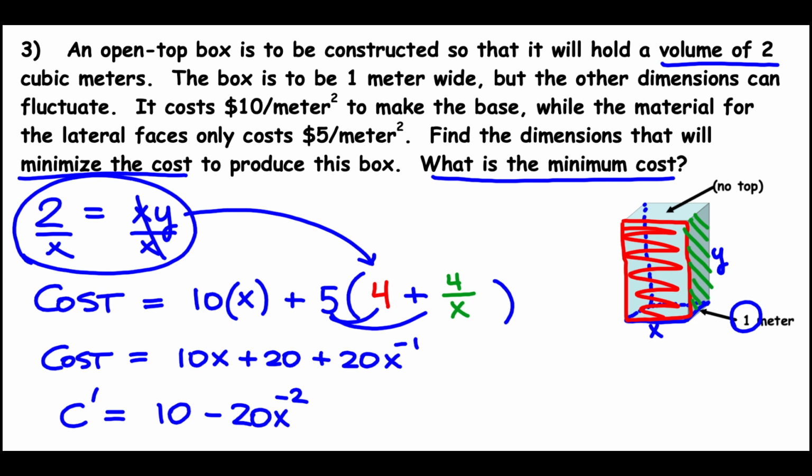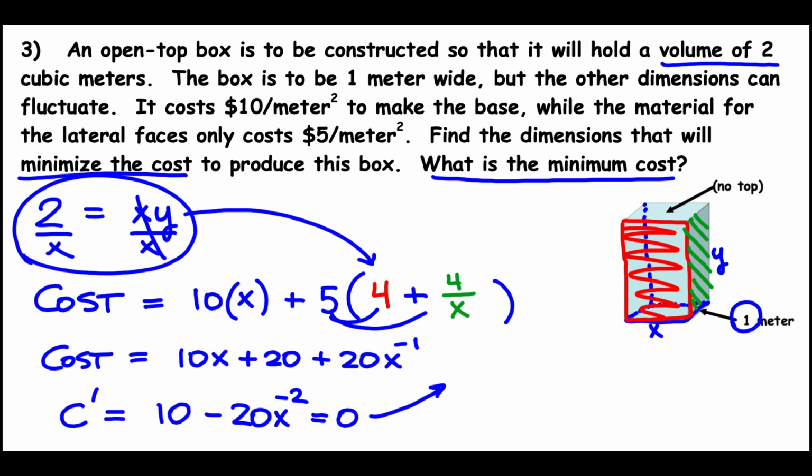All right. I don't have to worry about the endpoint so much, because the endpoint would be if x is 0, and that would squash the box flat. So the answer is going to come from this derivative. Let's set it equal to 0. I want to rewrite it since I have to do some algebra.